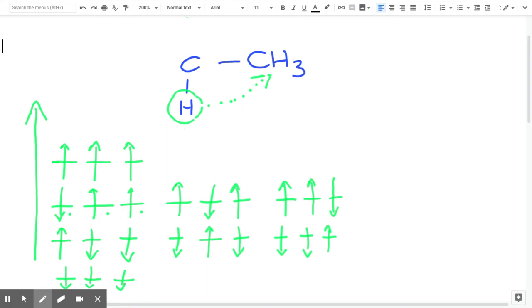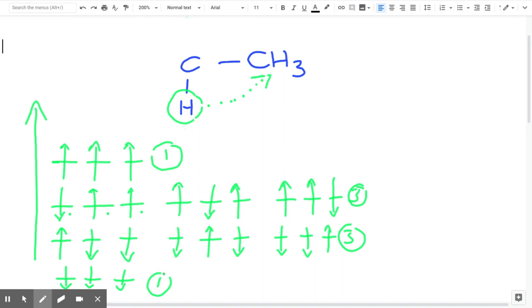But this time we can now see the heights of the peaks that would then be observed. We have one possible variation of that, we have three variations of this, three variations of this, and one variation of this.